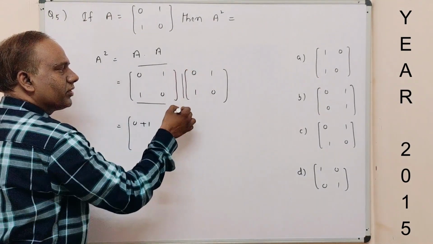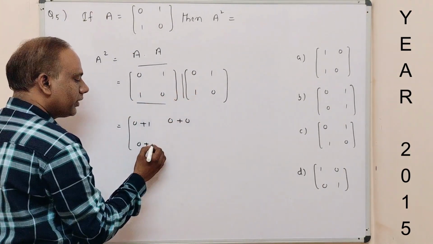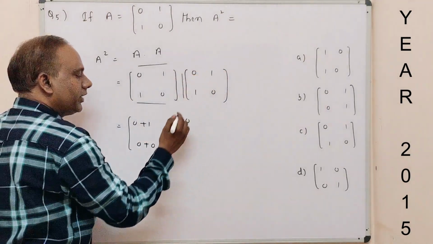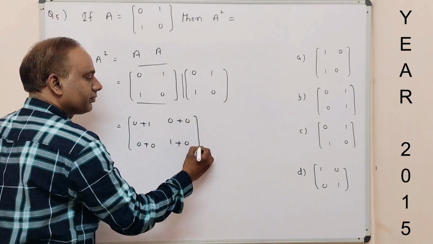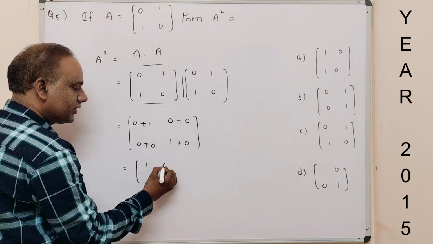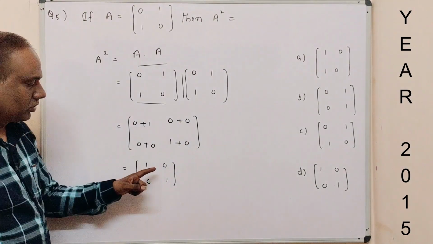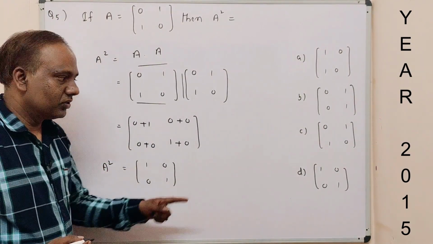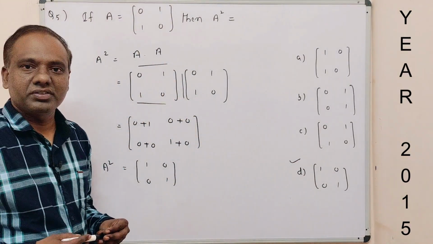Now second row, first column: 1 into 0 is 0, plus 0 into 1 is 0, so 0. Next, second row, second column: 1 into 1 is 1, plus 0 into 0 is 0, so 1. So A square is [1, 0; 0, 1]. Option D is the correct answer.